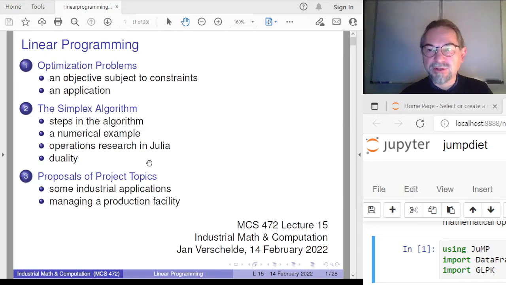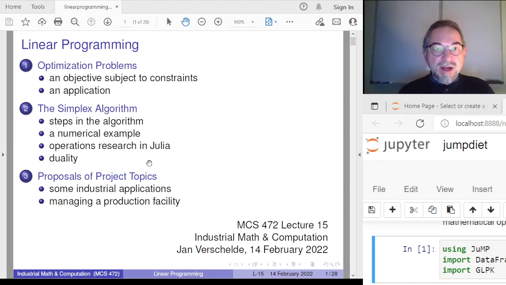So we have a Jupyter notebook waiting. I hope to indicate how one can rather easily formulate and solve linear programming problems.